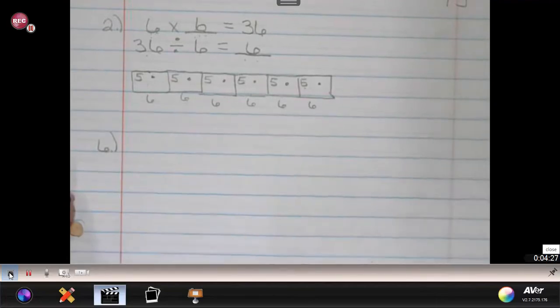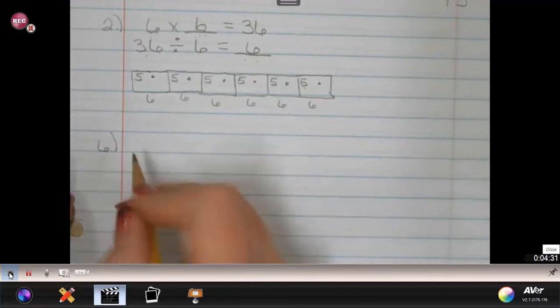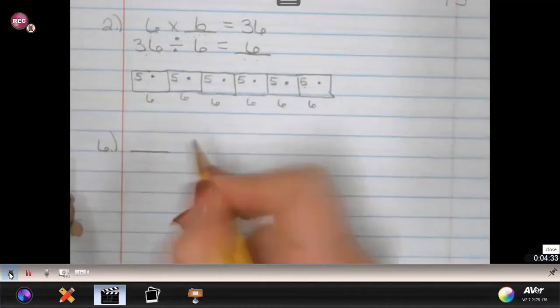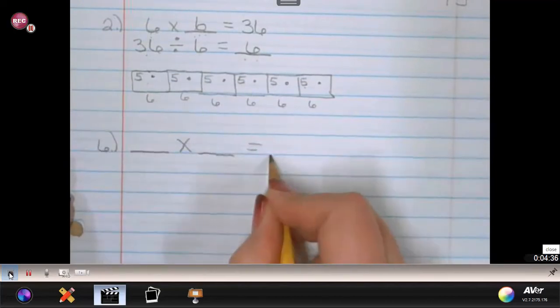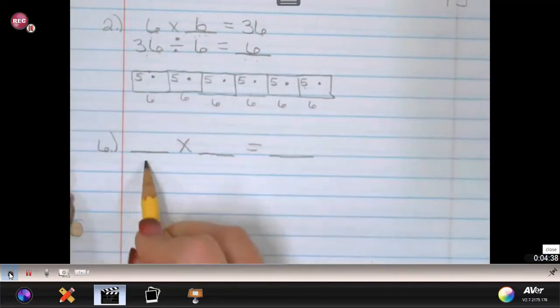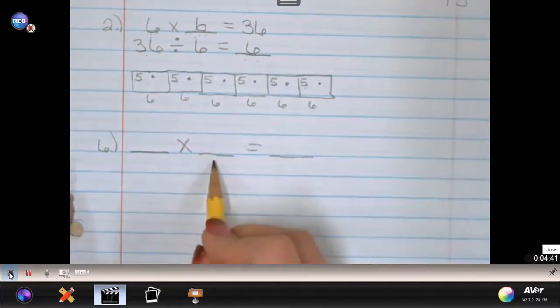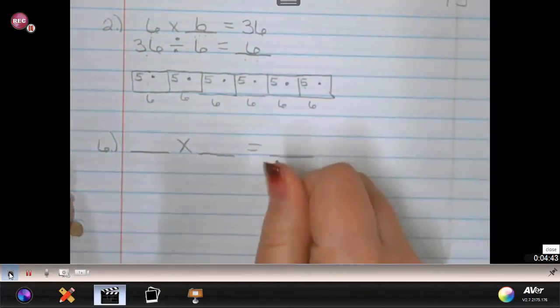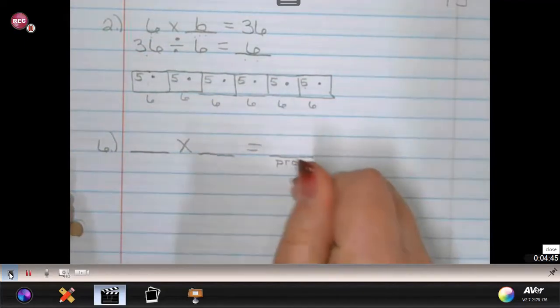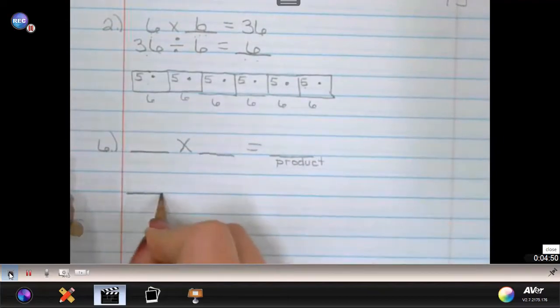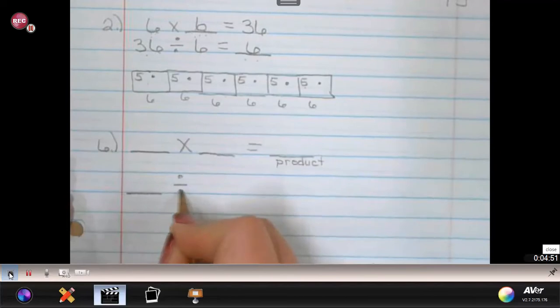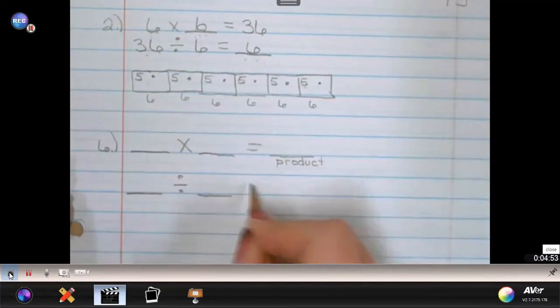Well, this is important vocabulary because we need to know what a product and a dividend is. So just a reminder, we use this vocabulary every day in our mathematics. So here we have a factor, and a product. And in division, we have a dividend. We're dividing it by the divisor.